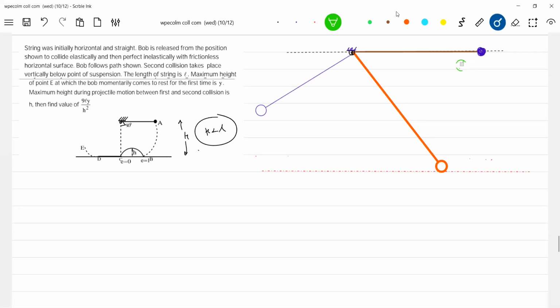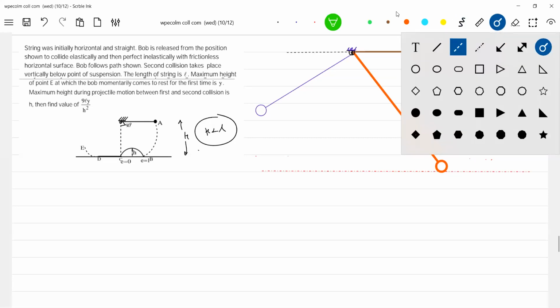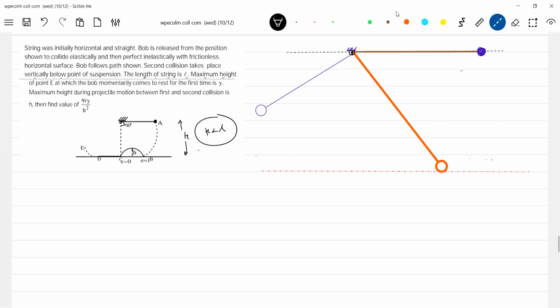So how much height will it descend? Let L be the length of the string. It will descend a height; let me define this as theta. L cos theta it will define.